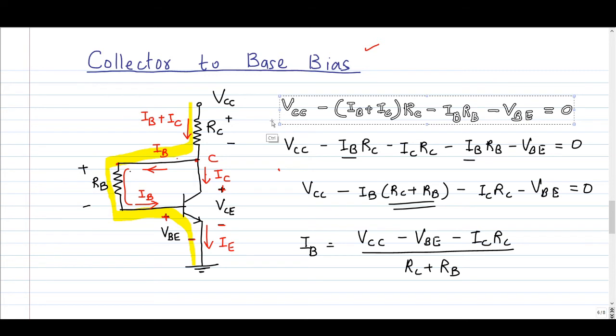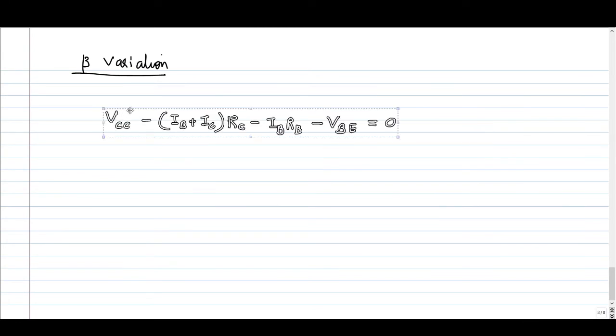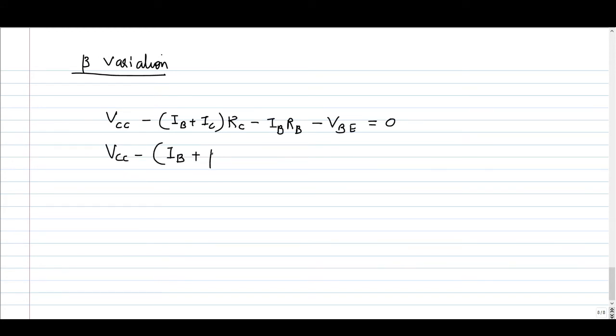This KVL on the input side, we can use that. So here, let me replace IC by beta IB. So this becomes VCC minus (IB plus beta IB) into RC minus IB RB minus VBE equal to 0.